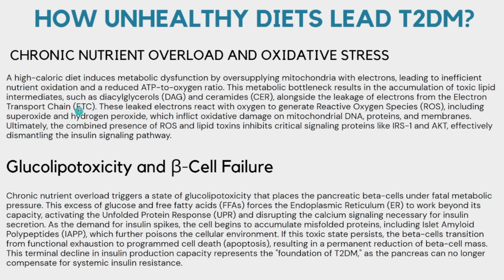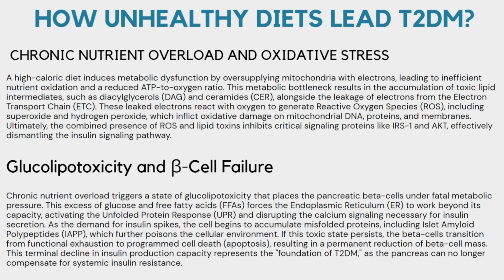Your electron transport chain is unable to handle the excessive electron input from the nutrient overload, so electrons start to leak out and transfer directly to oxygen to generate reactive oxygen species, including superoxide and hydrogen peroxide, which damage your mitochondrial DNA, protein, and membrane. ROS is very, very dangerous.